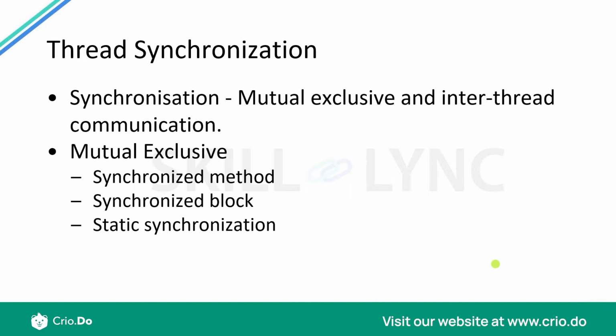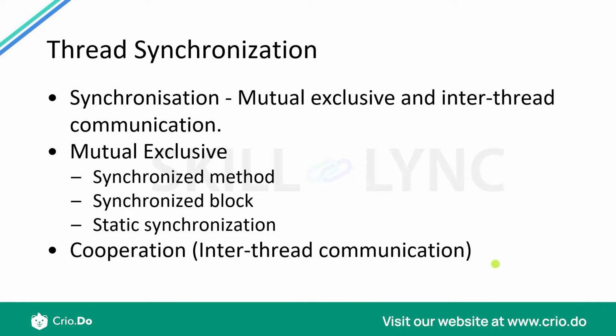We could use a synchronized method, meaning we use the synchronized word with a particular method, or we use a synchronized block, meaning we use the synchronized keyword for a small block. We don't have to use it for the entire method, or we use static synchronization. These are the things which we are going to see now. And this helps us have cooperation between multiple threads, which we call inter-thread communication as well.